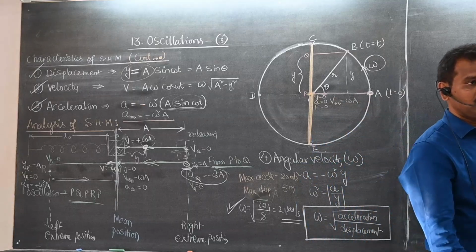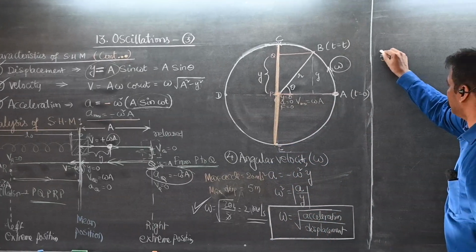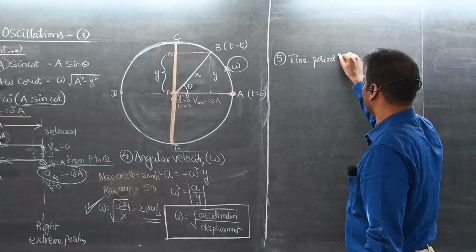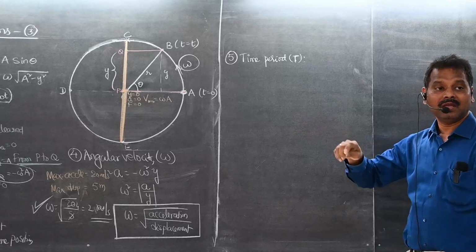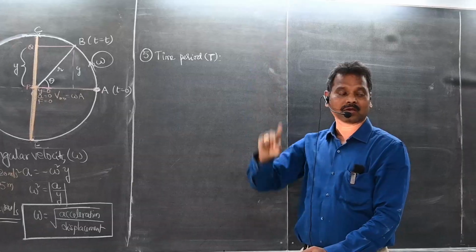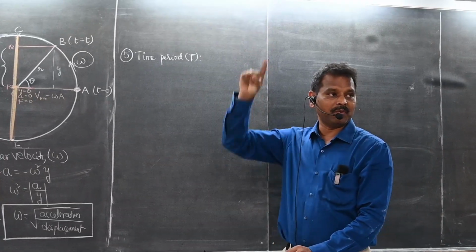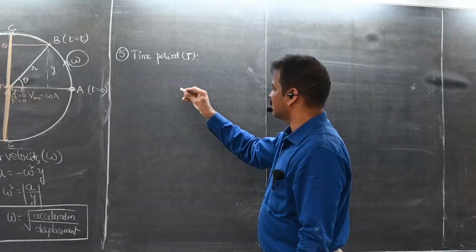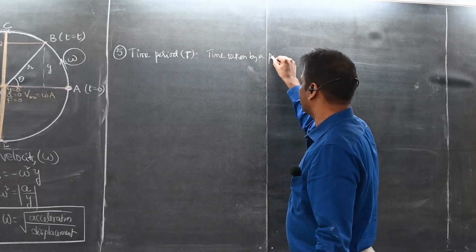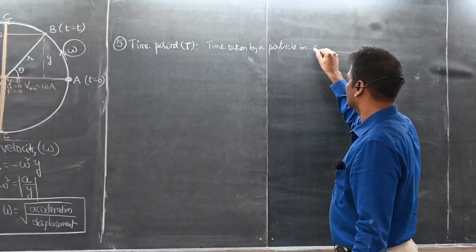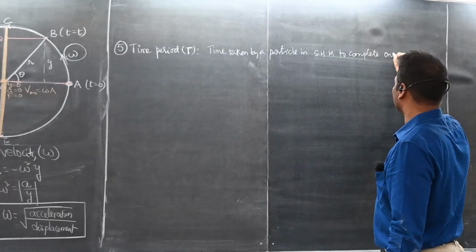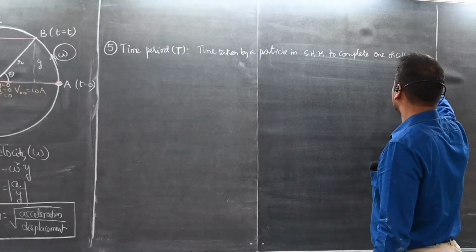Fifth one, time period. How to find the time period? What is the time period first? The time taken by the simple harmonic oscillator to complete one oscillation. The time taken by a particle in SHM to complete one oscillation is called the time period.